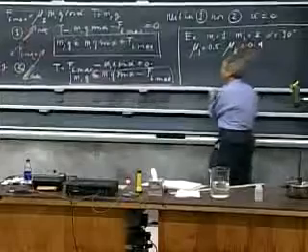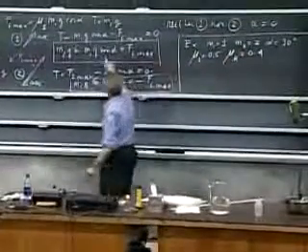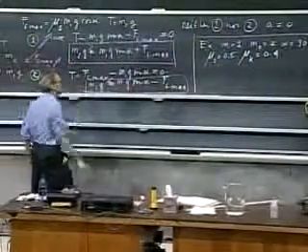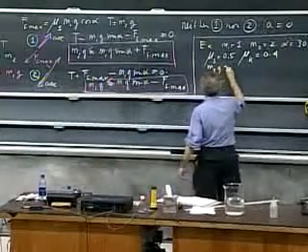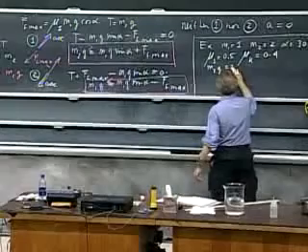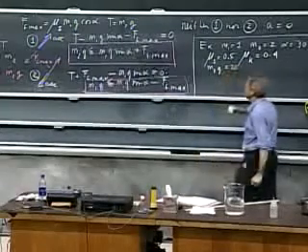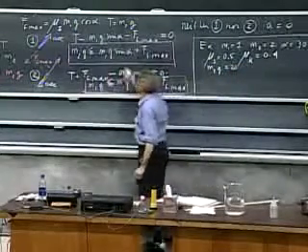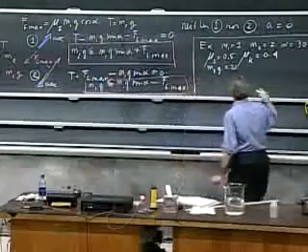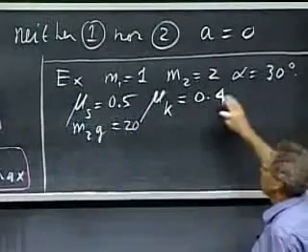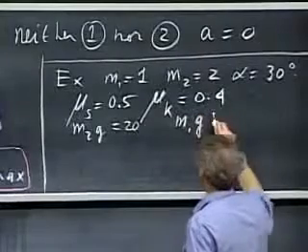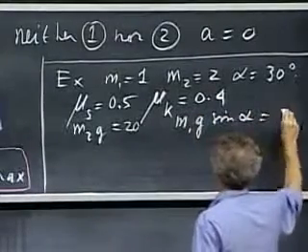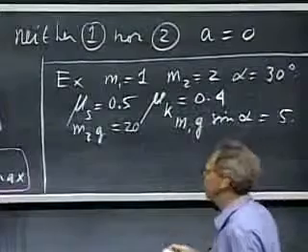What it comes down to is that we have to evaluate these three terms. Let's first take m2g. m2g equals 20. We'll just take for g 10, that is just easier. m1g sine alpha, the sine of alpha is a half, so m1g sine alpha equals 5.